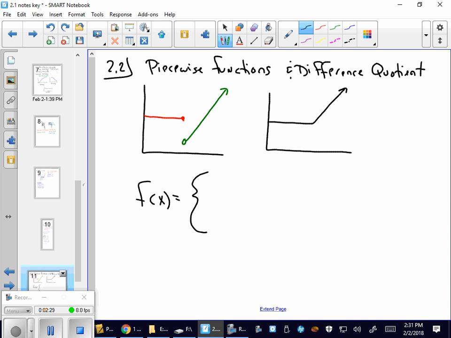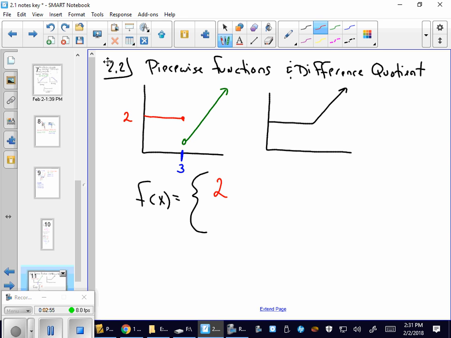Well, on the one on the left here in red, and I'm going to make these values up, I don't know exactly what this is. Maybe this is 2, just making it up. Well, that would be f of x equals 2. But it's only going to equal 2 up to this x value, whatever x value that is. We'll call this x value 3.